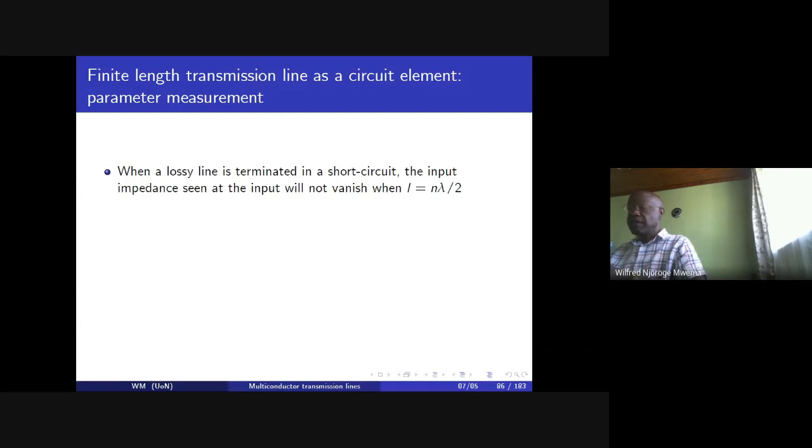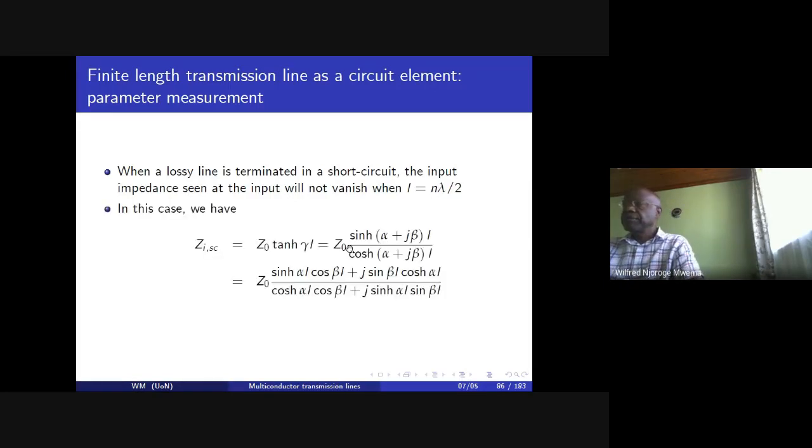We said that if the line section is lambda by 2 or an integer multiple thereof long, the input impedance is exactly the same as the load termination. And therefore, if ZL is equal to 0, we would expect that the input impedance will also be 0, Zi equal to 0. But if the line is lossy, that will not happen. There will be a residual value of impedance that will remain on that line.